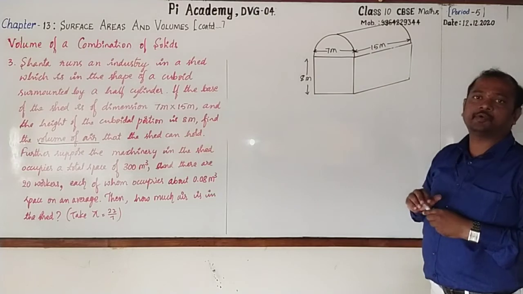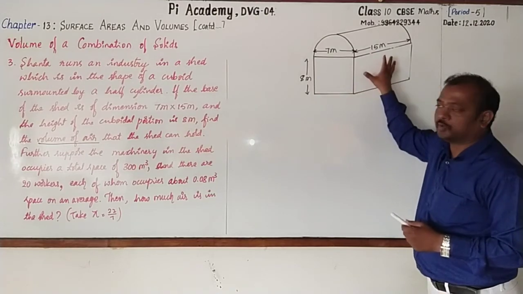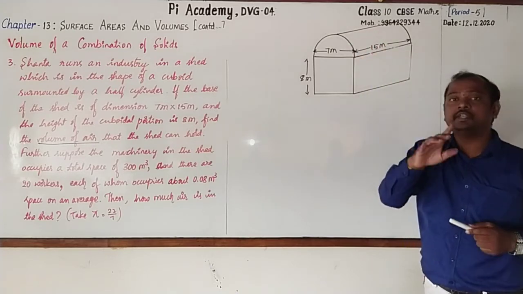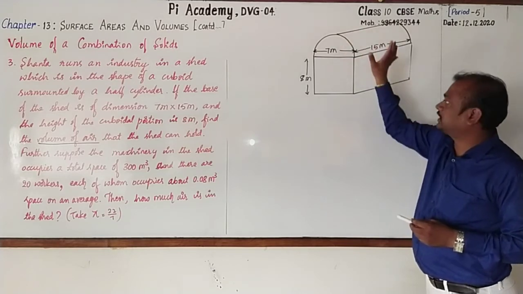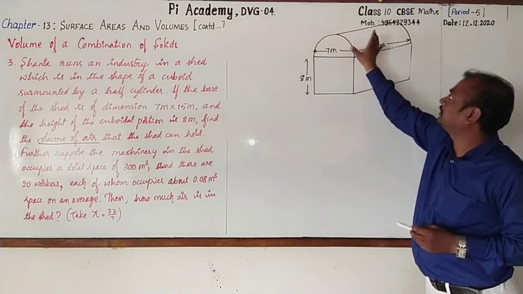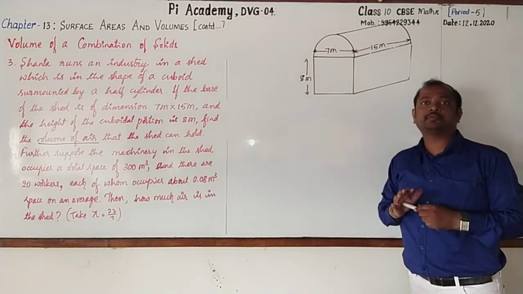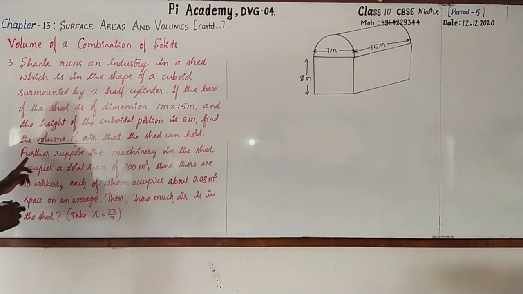But how do you go for finding? It's very simple. This is the volume of cuboid and this is surmounted by half cylinder. So volume of cuboid plus volume of half cylinder is equal to the total amount of air present inside the shed.